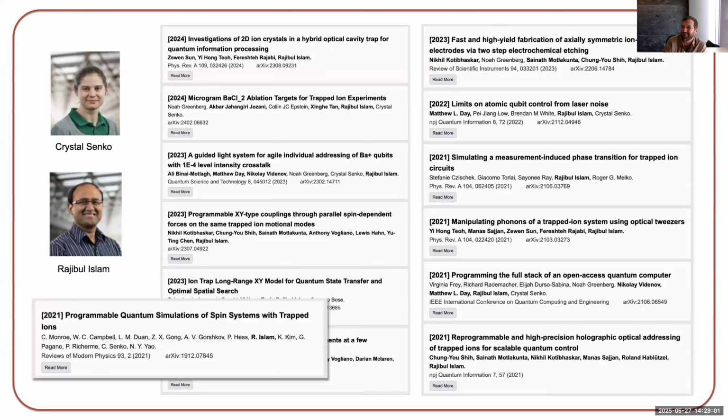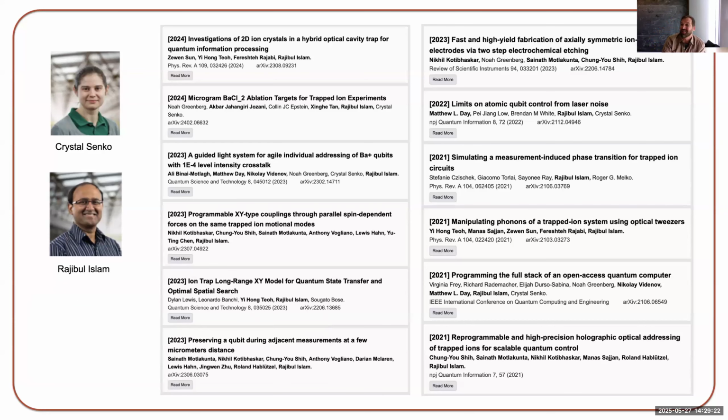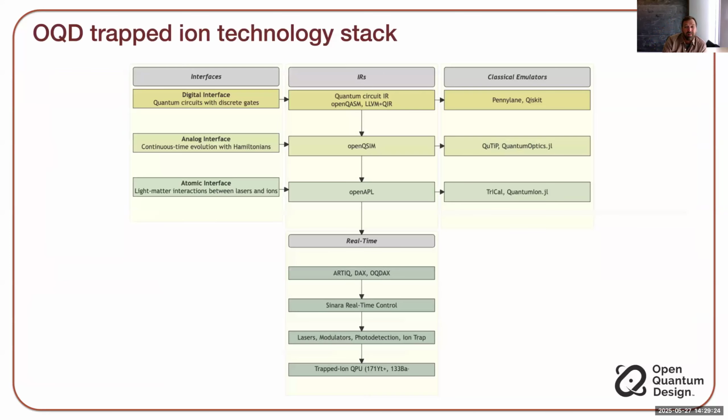So if you want to learn about ion traps, I think this is a great reference that has both Crystal and Rajibul and Chris Monroe on it. They did their postdocs at Markus Greiner and Misha Lukin's group at Harvard that we collaborate closely with, and then came here again 2015-ish and have been designing their systems ever since.